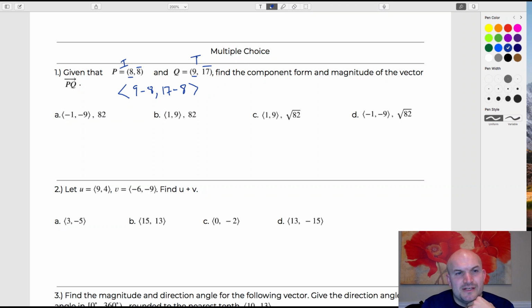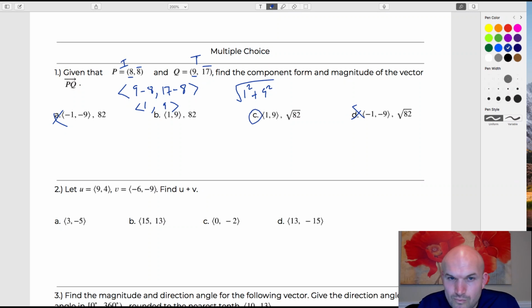That gives me <1, 9>. Then find the magnitude. It's not this answer. The magnitude is the square root of 1 squared plus 9 squared, so my answer is going to be C, because 9 squared is 81 plus 1 squared is 82.